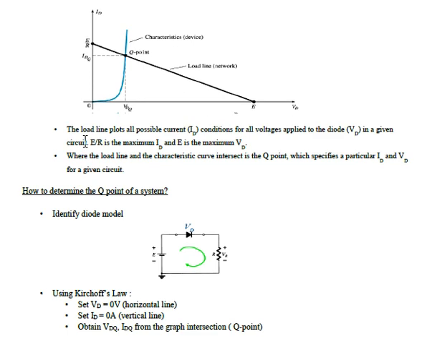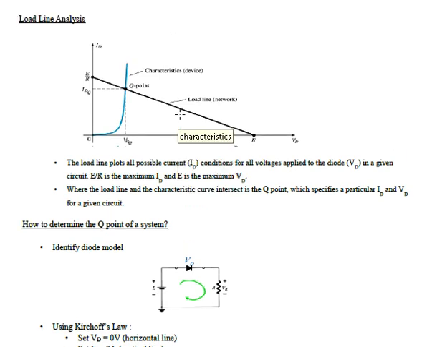It says here, the load line plots all possible current ID conditions for all voltages applied to the diode, VD. In a given circuit, E over R is the maximum ID and E is the maximum VD. So this load line is the plot of all possible current, ID, not I sub O, ID.